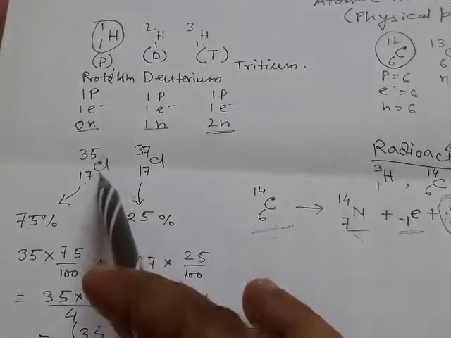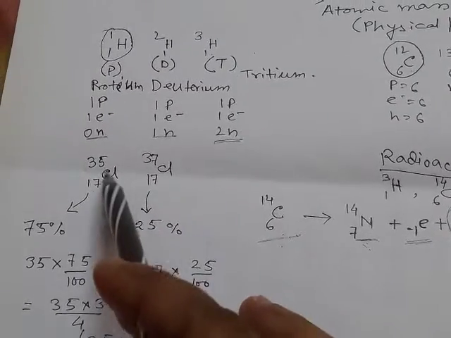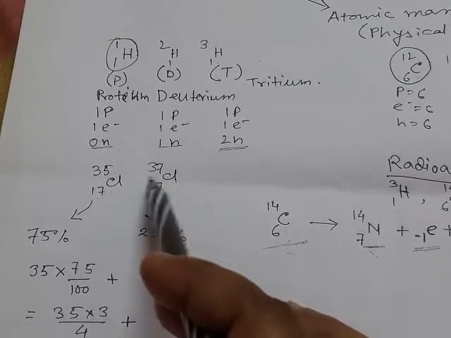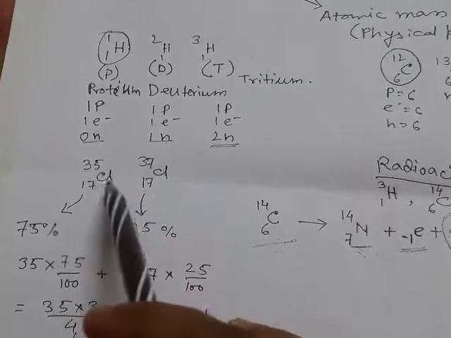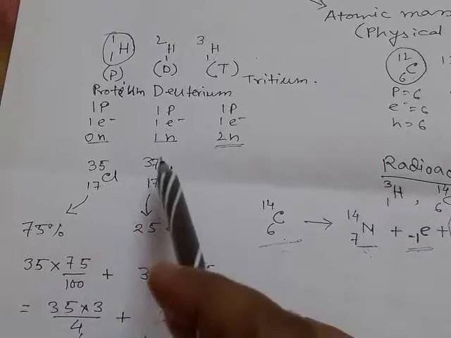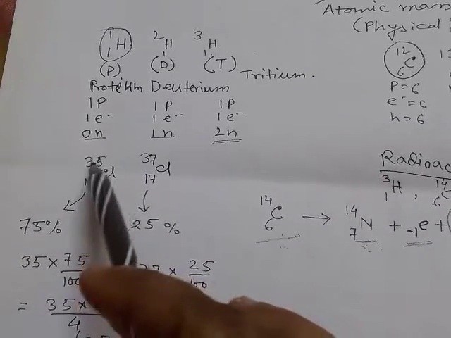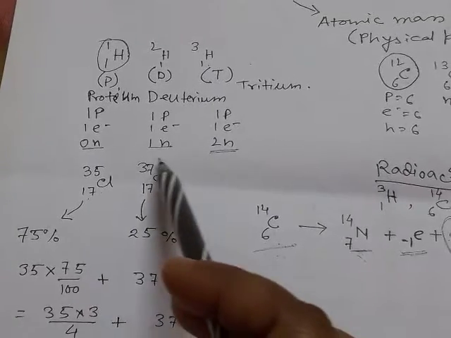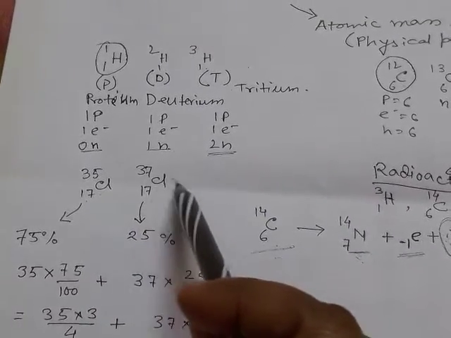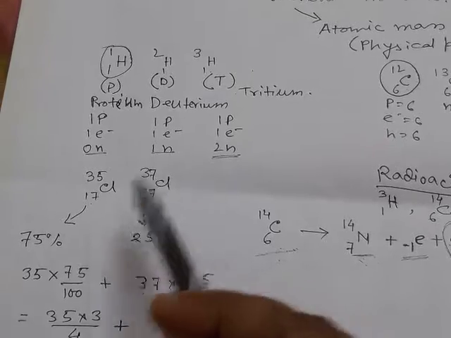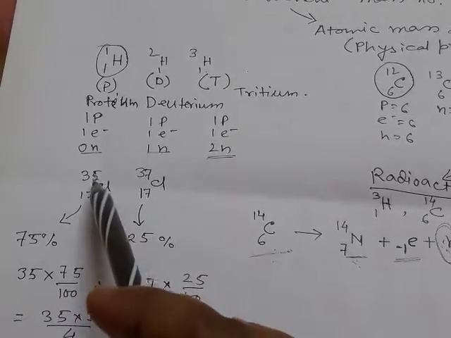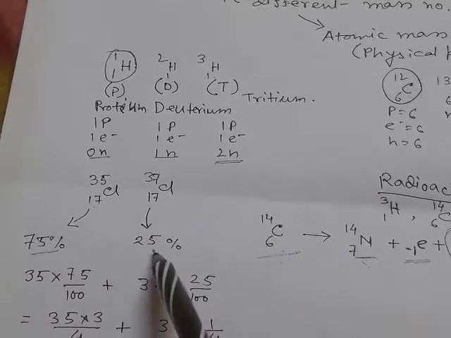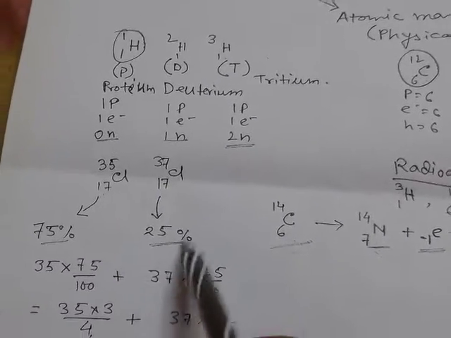Now if we consider the isotopes of chlorine, chlorine has 2 isotopes, one has mass number 35, another has mass number 37. For these 2 isotopes, though the abundance of chlorine 35 is larger than chlorine 37, the abundance of chlorine 37 cannot be neglected. The abundance of chlorine 35 is 75%, whereas for chlorine 37 it is 25%.